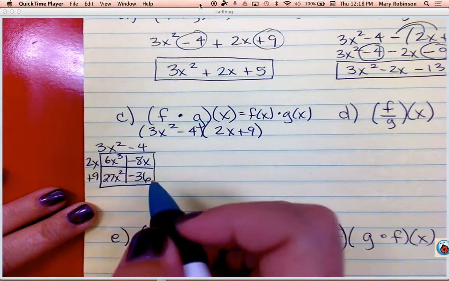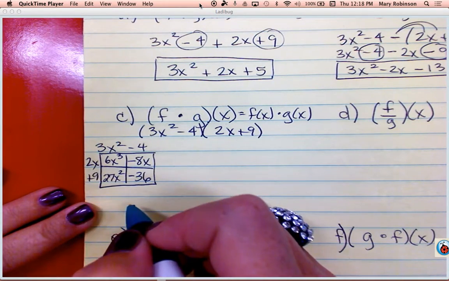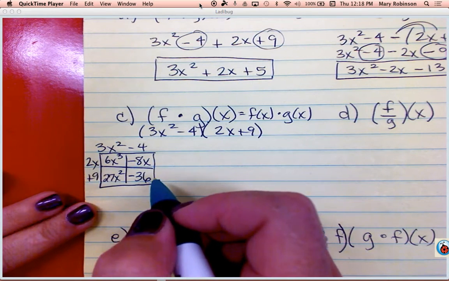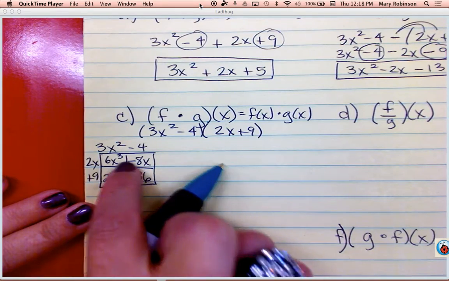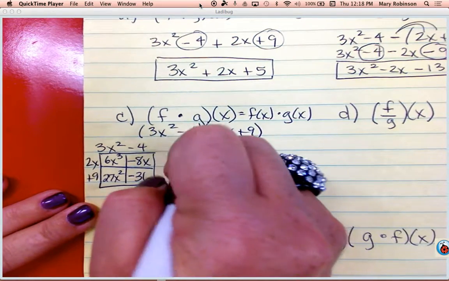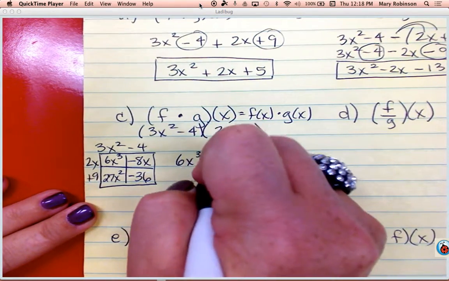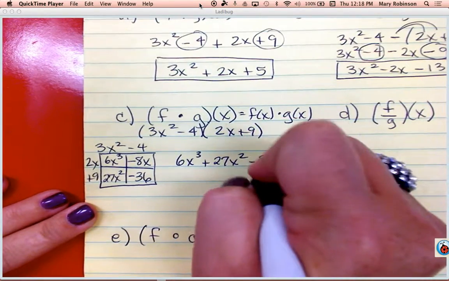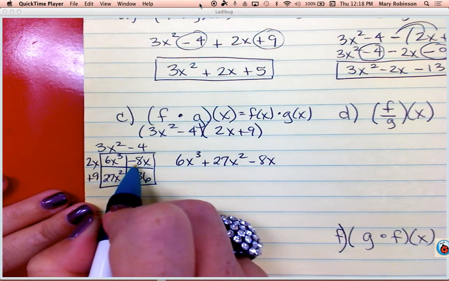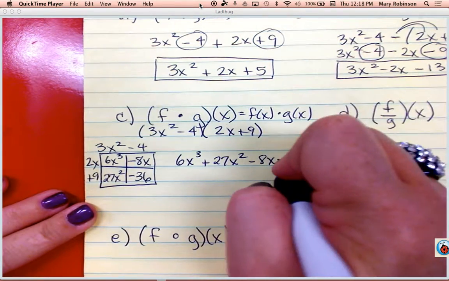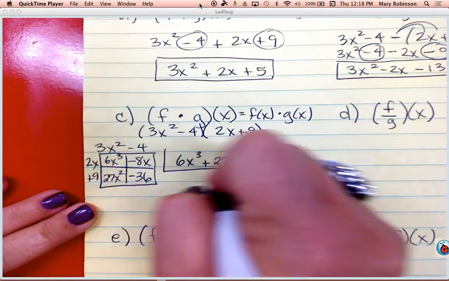Then recognize if there are any like terms. Because all of our exponents are different, we have x cubed, x to the first, x squared, and a constant term. We do not have any like terms, so all we can do is list our terms, making sure that if a term is positive, you put plus, and if it's negative, write it as minus, and that would be our final answer.